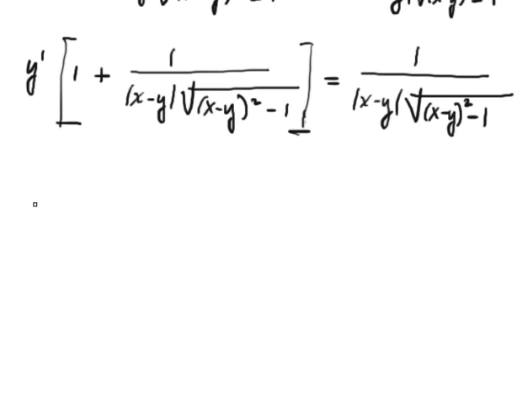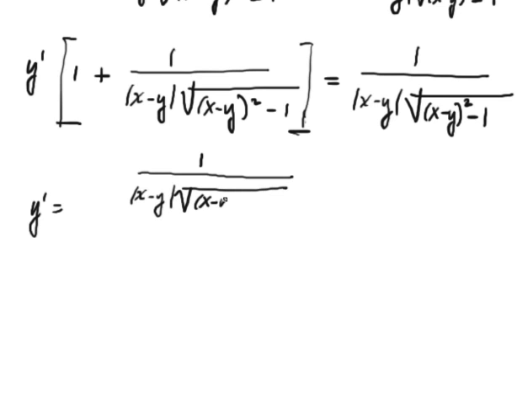So we have y prime is equal to, this will be the numerator, and the denominator is that bracket.